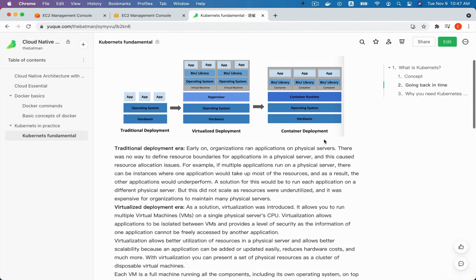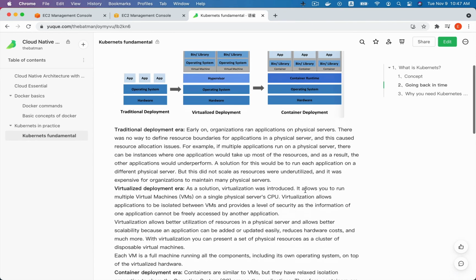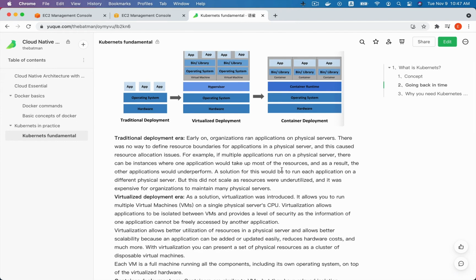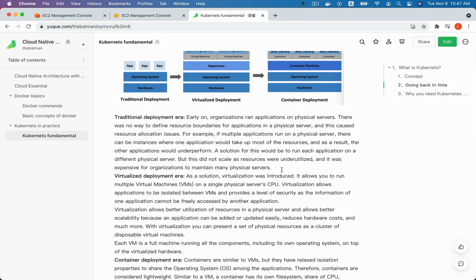And on the right, this is the container deployment. As we can see, in the virtualized deployment, the application and the virtual machine are a little heavy. So we want a lightweight deployment.